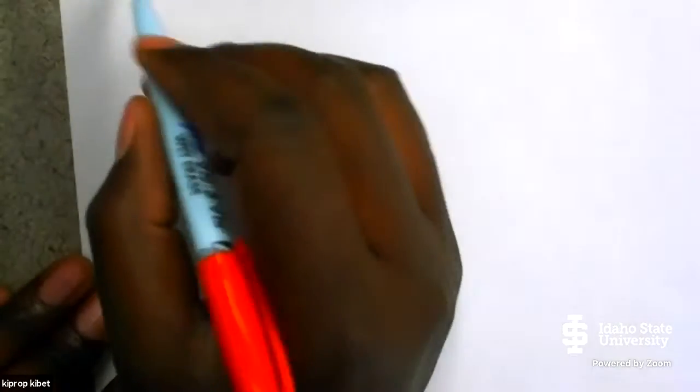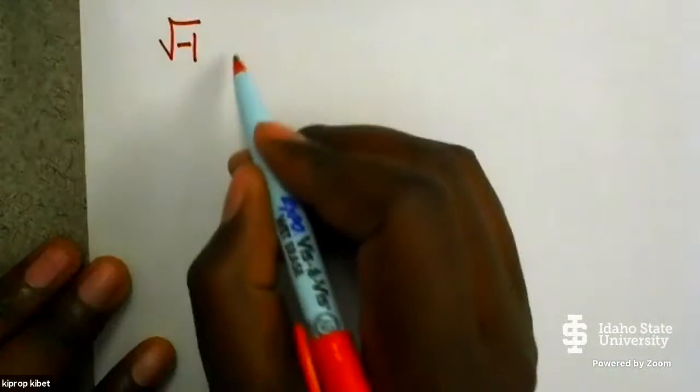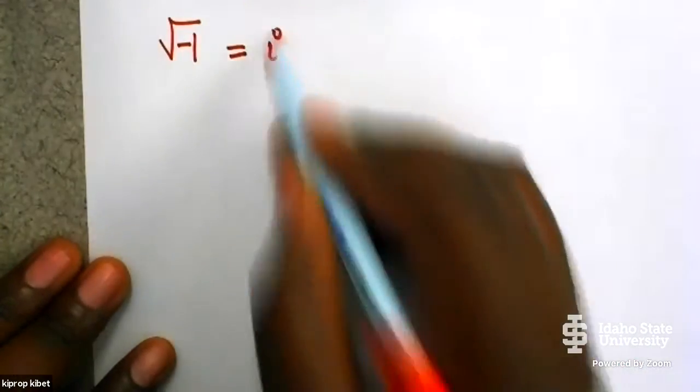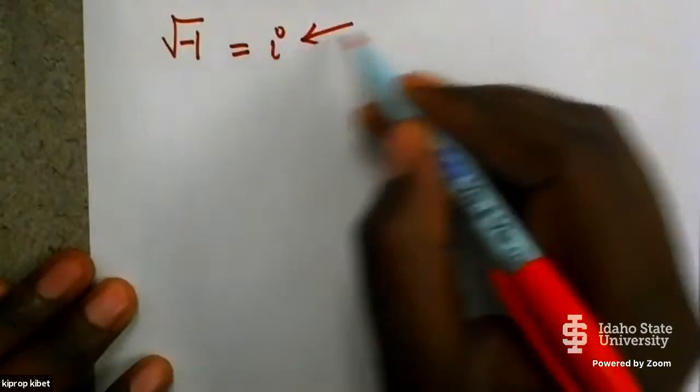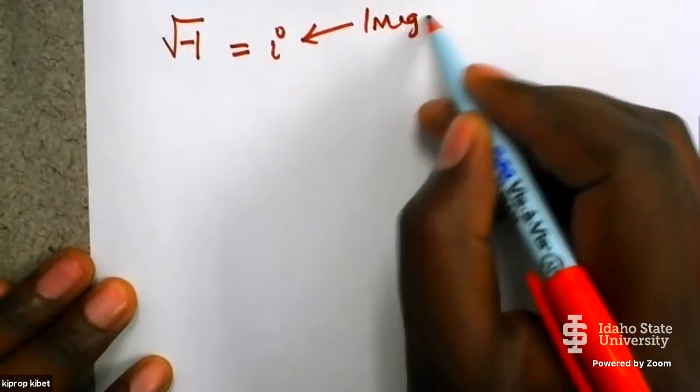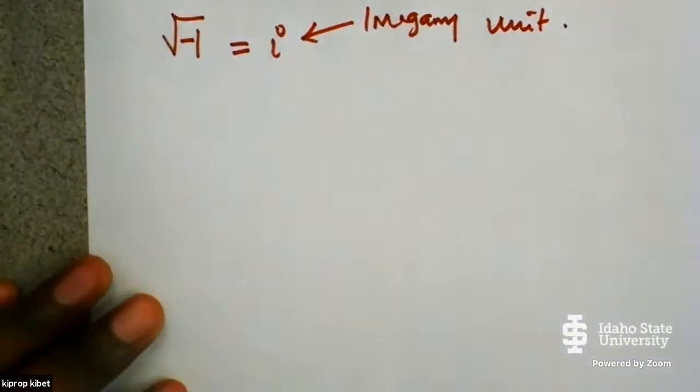So what we are doing is a complex system. When we say the square root of -1 is i, this i is an imaginary unit, like an imaginary number.